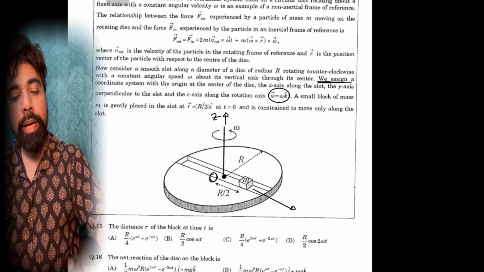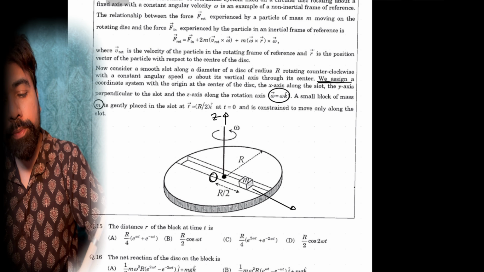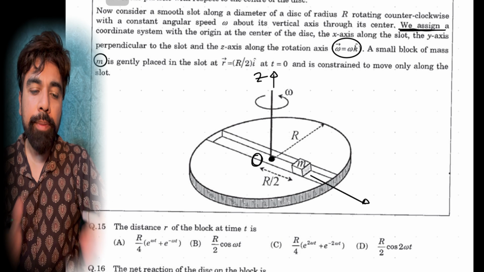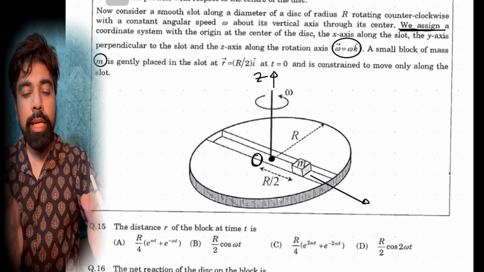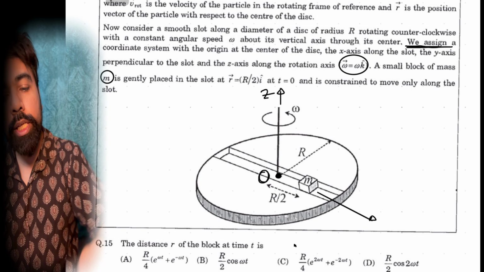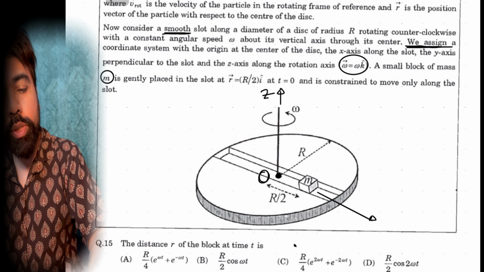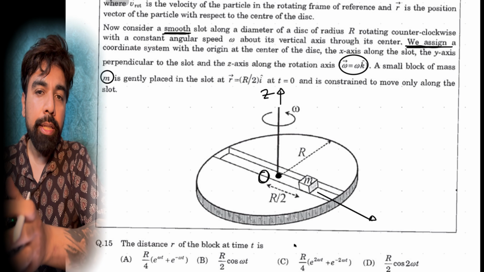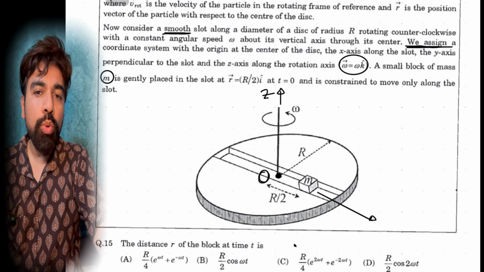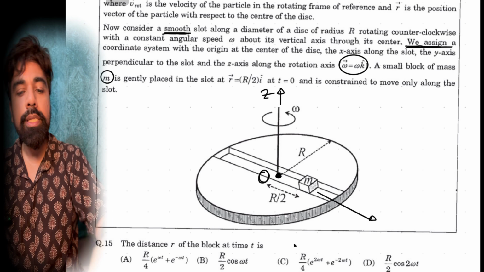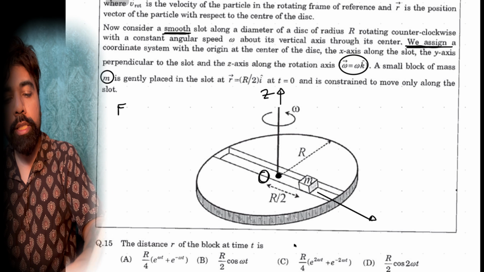Okay. Now a block of mass small m. So this block has mass small m. It is kept very gently on that slot, and this slot is also smooth, so there is no friction there. Now because there is no friction there, that means there is no unbalanced force in the radial direction. That means from Newton's second law, the unbalanced force formula is what?